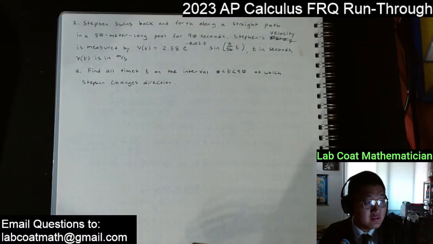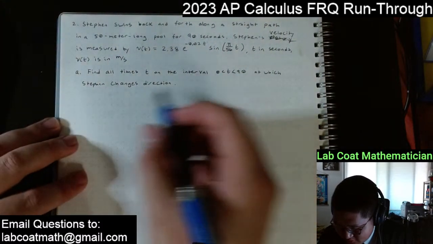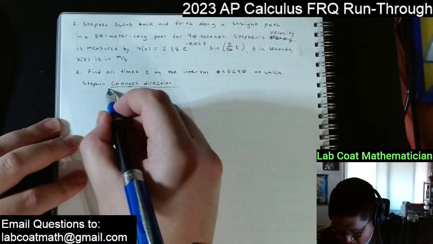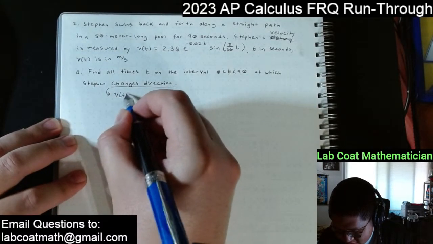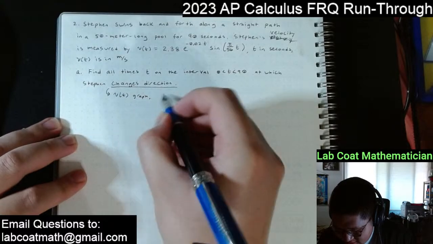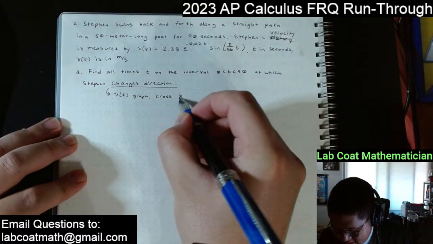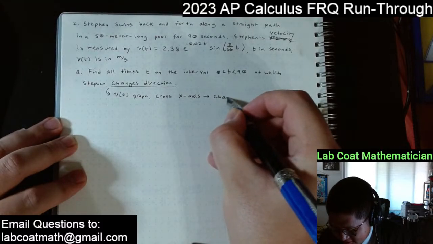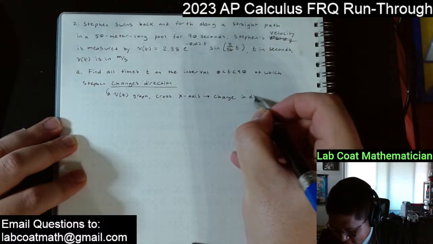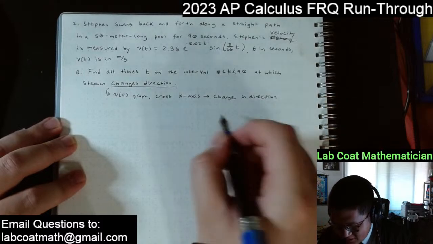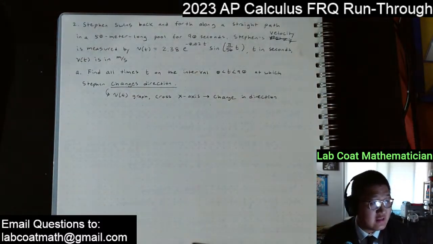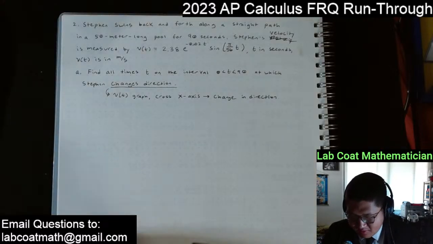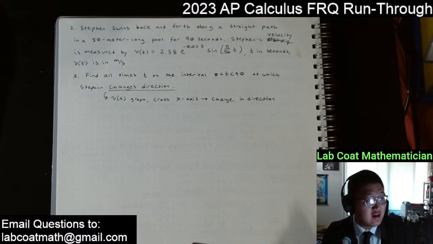Very good for our starting question here. If you want a change in direction, what that implies is that we take the velocity function graph, and if we cross the x-axis, that would mean a change in direction. The sign change from positive to negative, or back again, is enough to determine that we have changed directions on our path here.